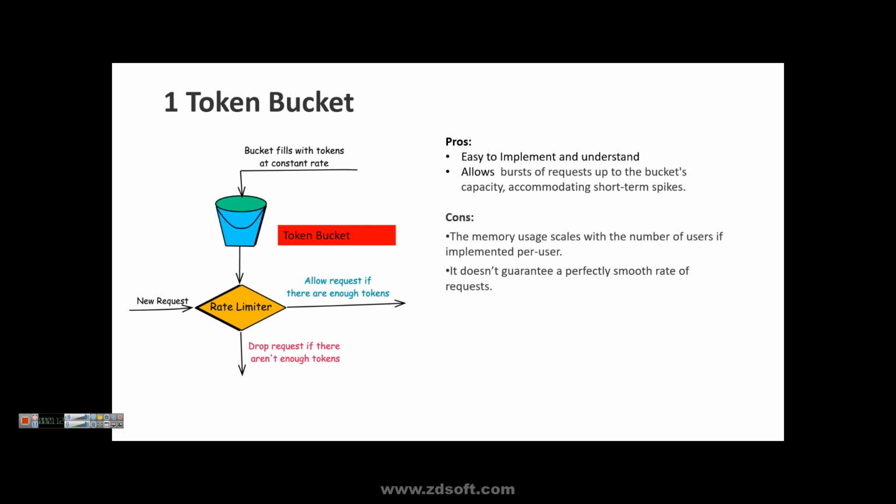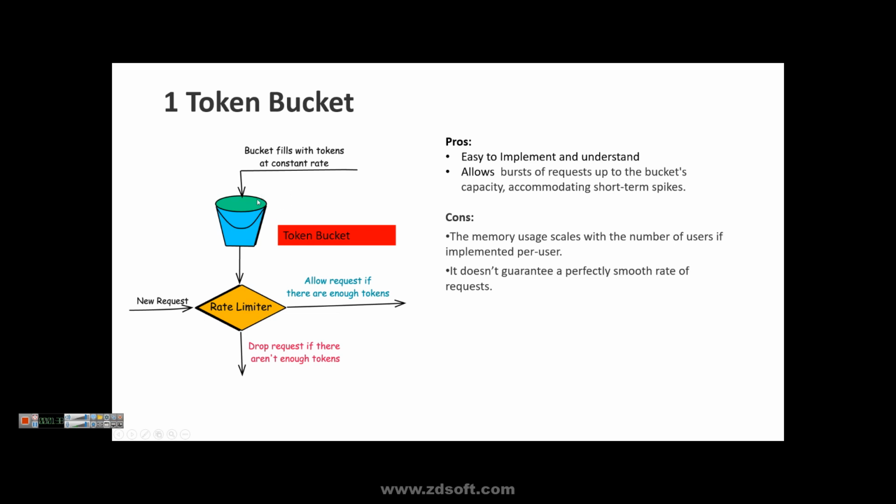So firstly consider the token bucket algorithm. This is one of the most popular and widely used rate limiting approaches due to its simplicity and effectiveness. How this algorithm works: consider a bucket that holds tokens. The bucket has a maximum capacity of tokens, and tokens are added to this bucket at a fixed rate.